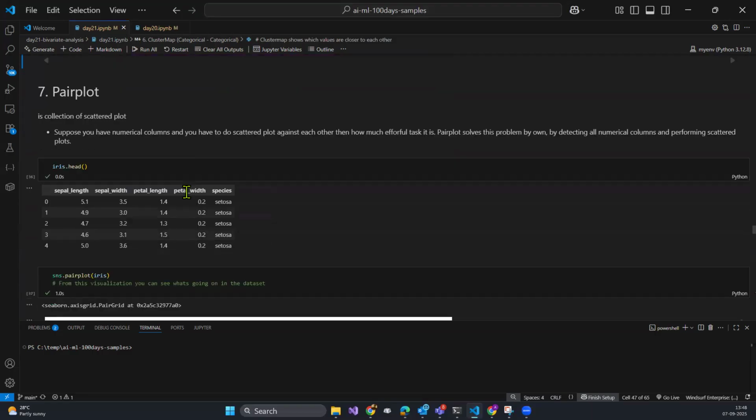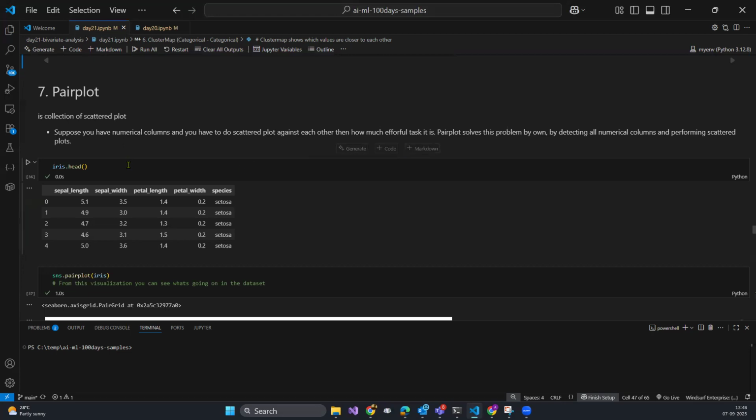Another visualization is the pair plot. This is important. If you have many numerical columns and you want to see how each column correlates with each other column, you would have to draw a scatter plot against each. How about having that visualization in one go?